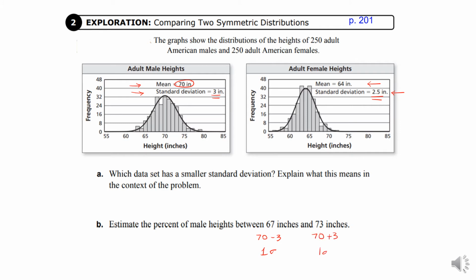Again, that is 1 standard deviation. So since it's 1 standard deviation from the mean, we would expect about 68% of our heights, or male heights, to be between those two ones. So that's 5'7" and 6'1". Okay, so that's an interesting little fact.